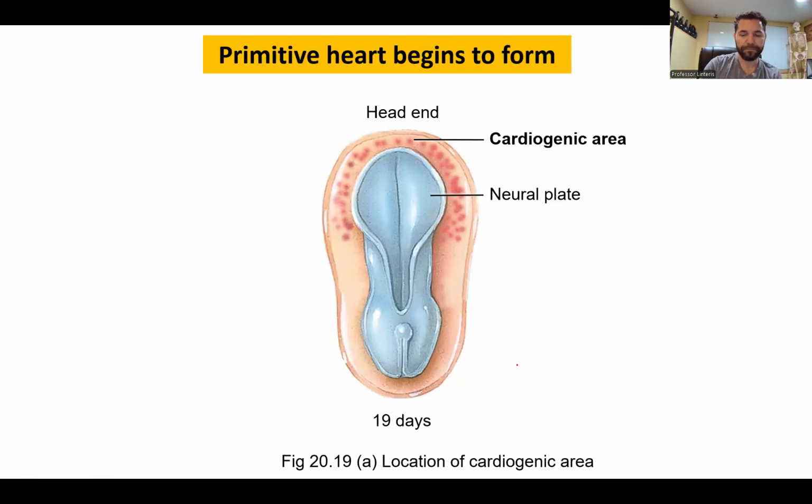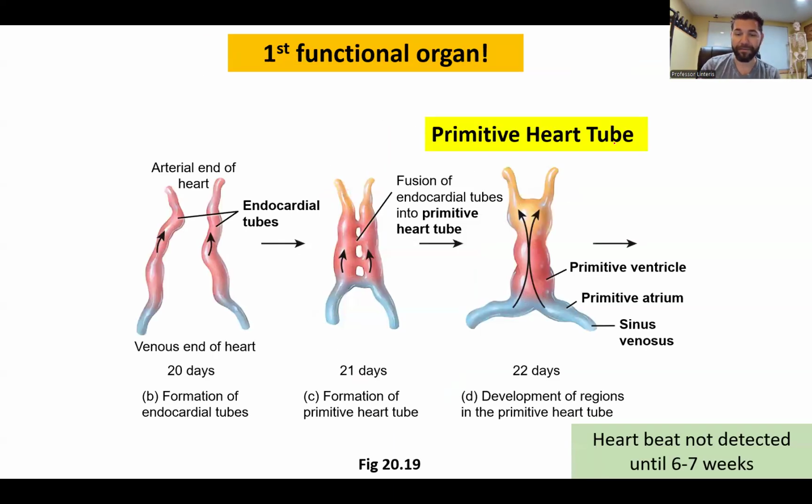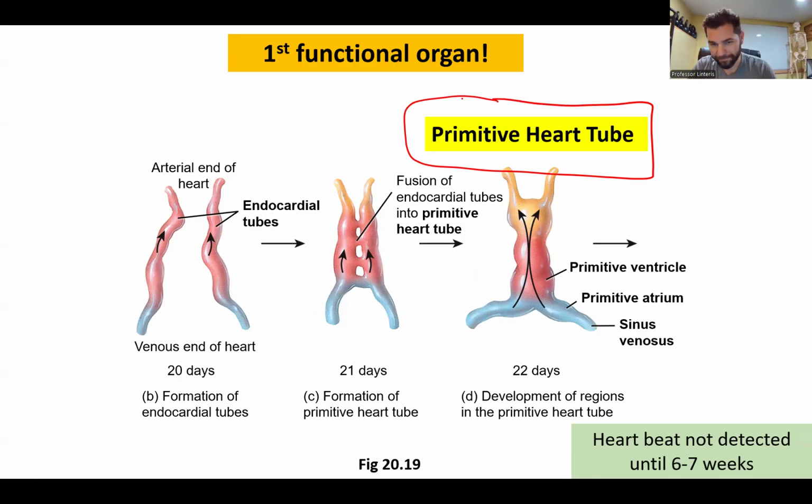So at this stage, we have the formation, right? We can see that neural tube that turned into the neural plate. We have basically the formation of a base level heart, right? Within this cardiogenic area, we will have a very simple heart form.